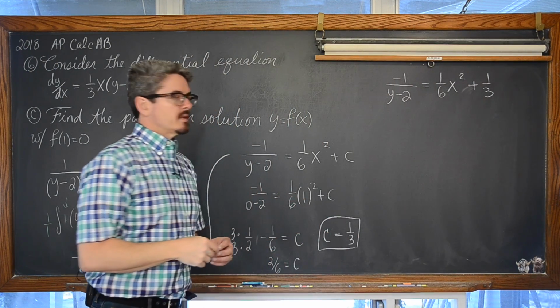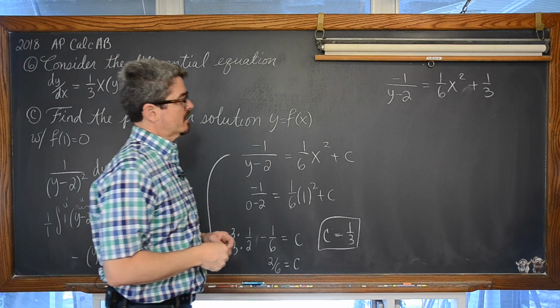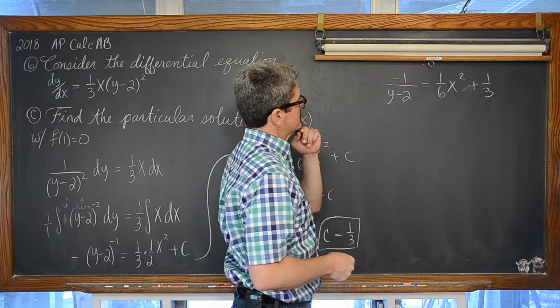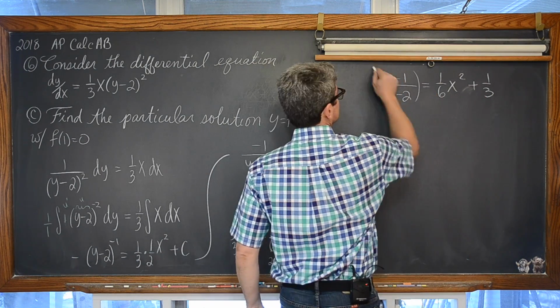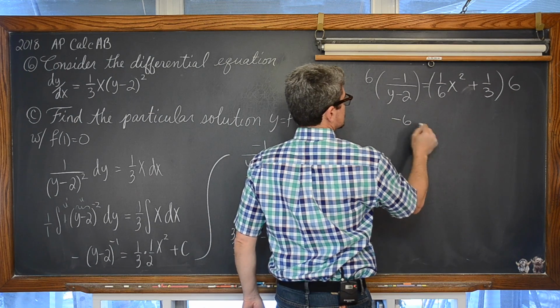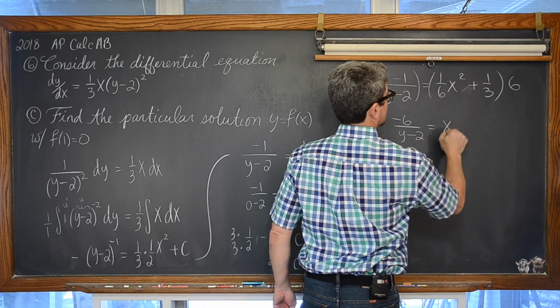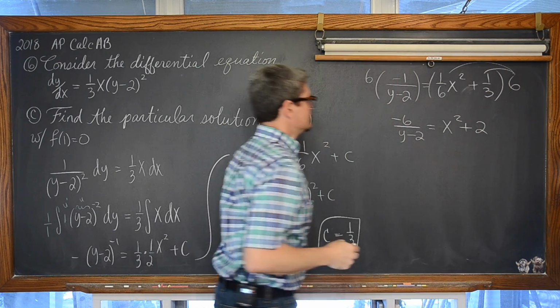And they're not generally happy until you get an equation that is solved for y. So let's see here, what might be the best way to do this? How about we multiply both sides by 6. So we have -6 over y minus 2 is equal to x squared plus 2 as that gets distributed.